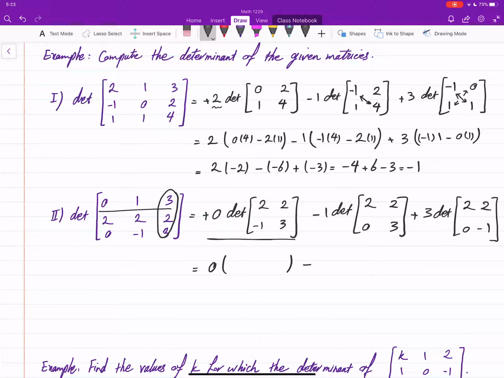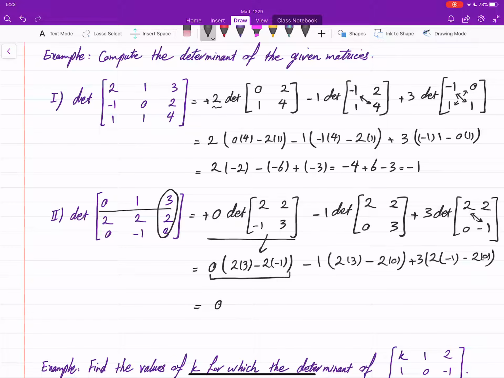Minus 1 times 2 times 3, diagonal minus off-diagonal, plus 3 times 2 times diagonal minus off-diagonal. Well, let me just write the determinant of this for completeness, but in practice I don't need to write this determinant and compute that, because whatever that determinant is, times 0 is 0.